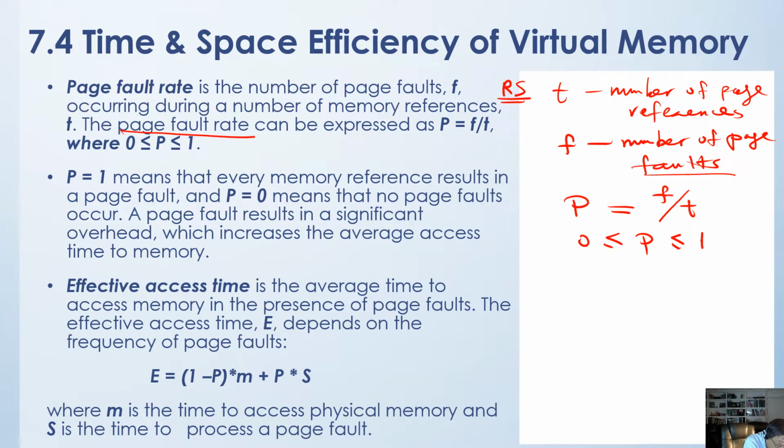Now if P is 0, that means T is 0, so there are no page references. If P is 1, that means F equals T, so every page reference causes a page fault. That's the worst scenario.